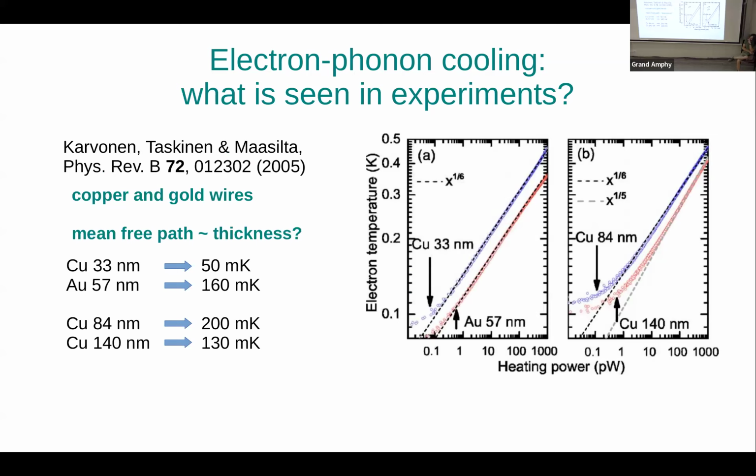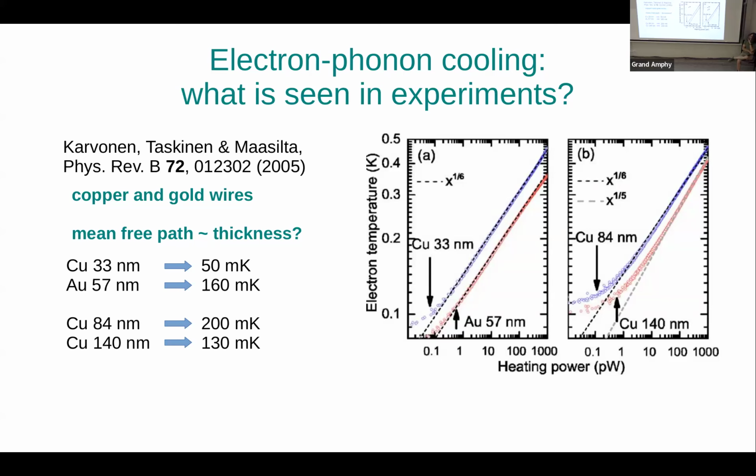Then there is a nice paper by three gentlemen. Okay, so here, every time you need to get an idea of your mean free path, and then you need to estimate the crossover temperature and see where you are with respect to the crossover temperature.